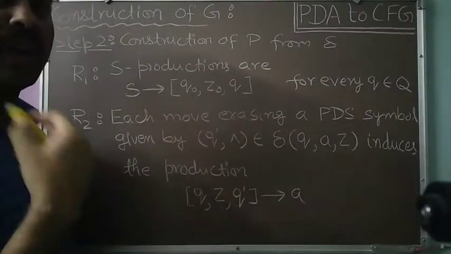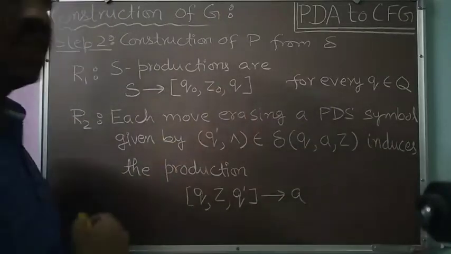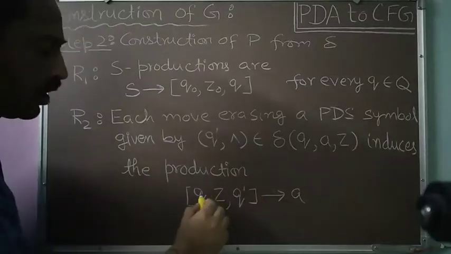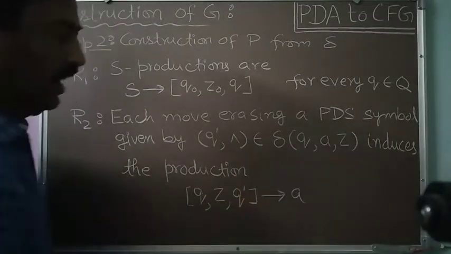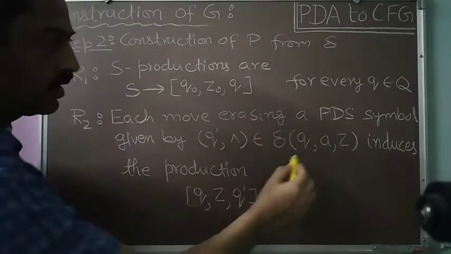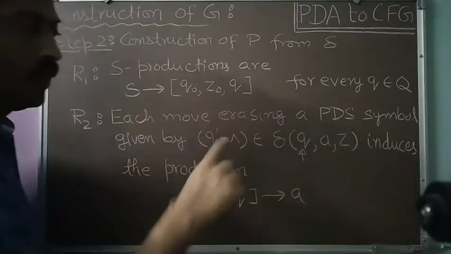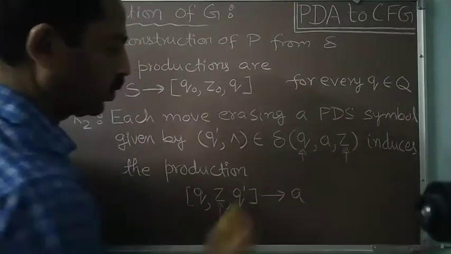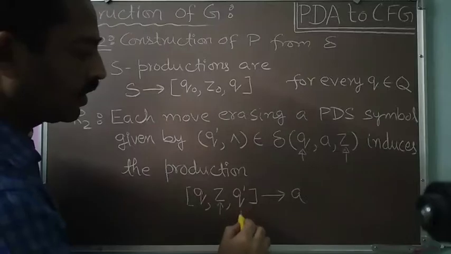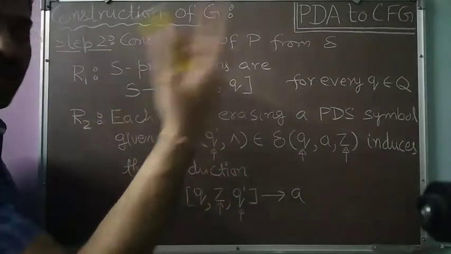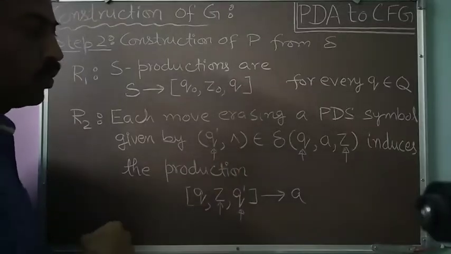What do we have to do for an erasing move? Corresponding to each erasing move, we will induce one production of the form [q, Z, q dash] to a. How do we find this [q, Z, q dash]? This q is the state in which we are present. The Z was the topmost pushdown store symbol. And this q dash is the state where we reach after removing the topmost pushdown store symbol.